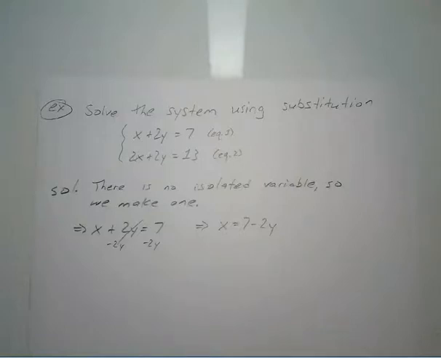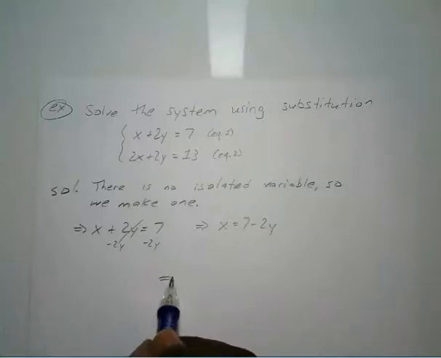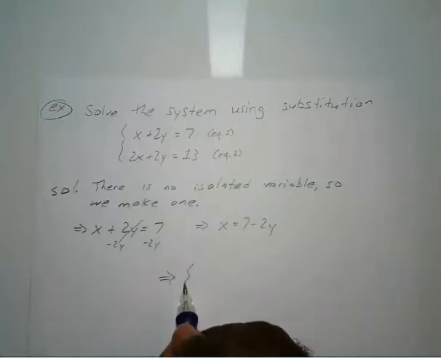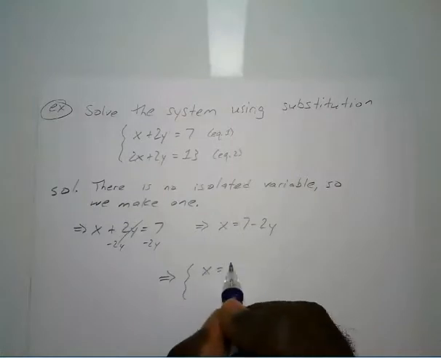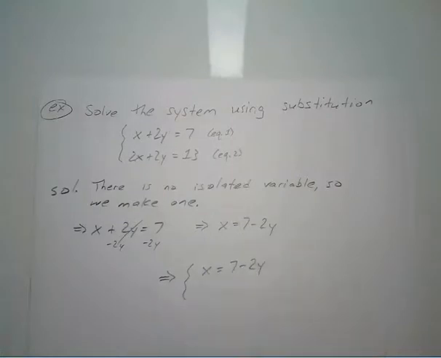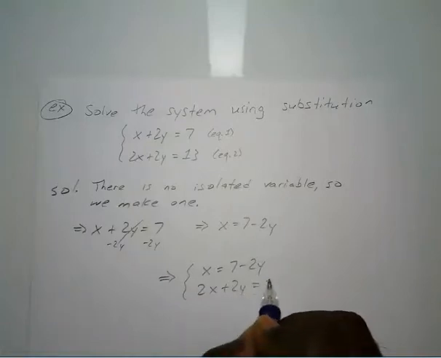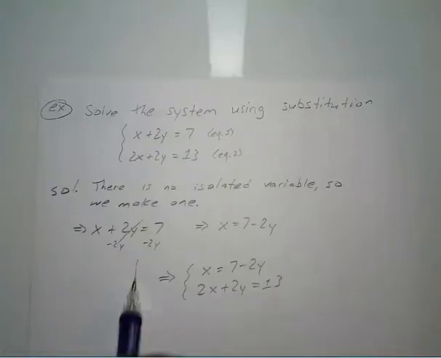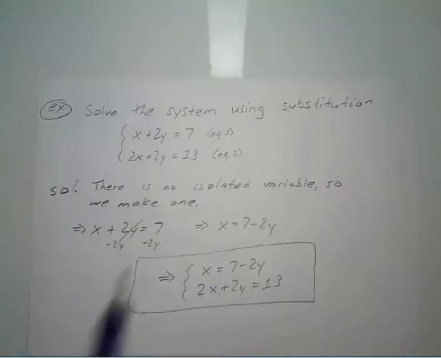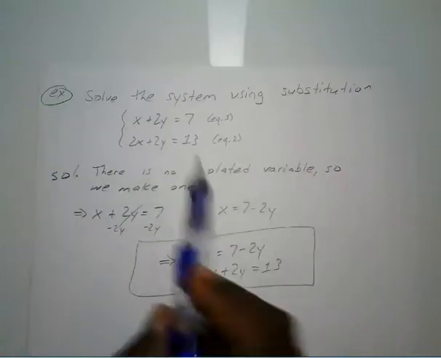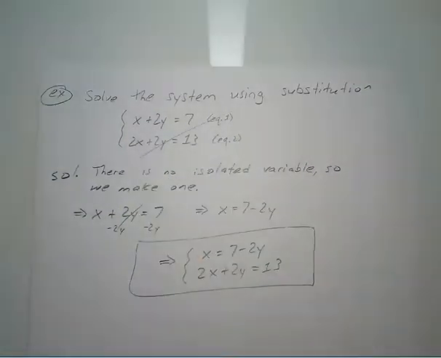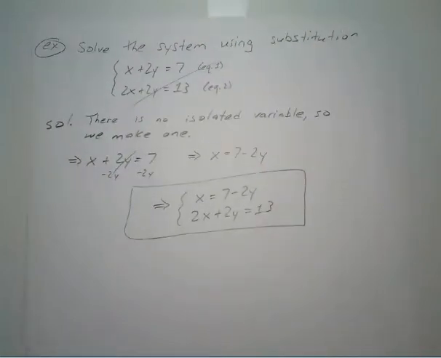So now the system you're going to use is x equals 7 minus 2y, and 2x plus 2y equals 13. If you want, you can draw a line through the original equation just to remind yourself not to use it, but this is the one you're going to solve.